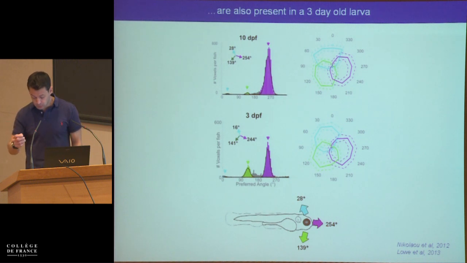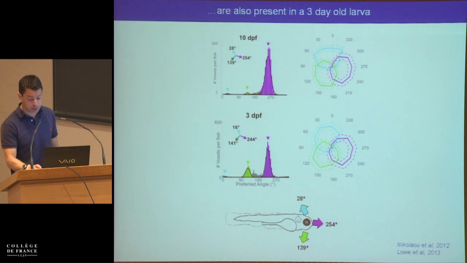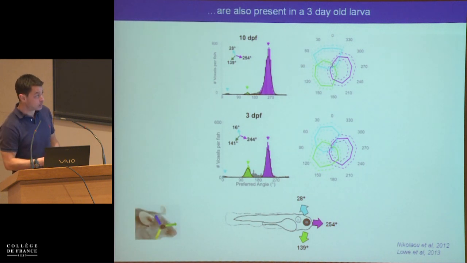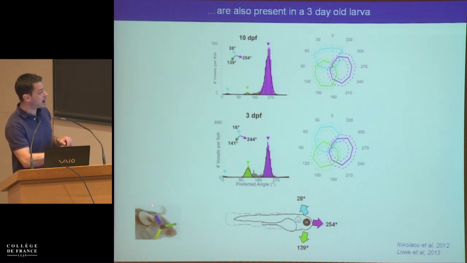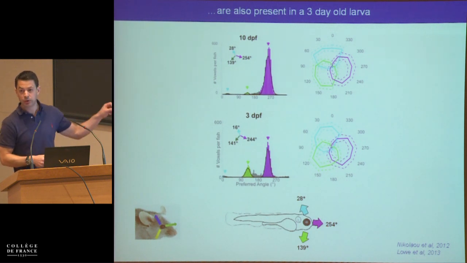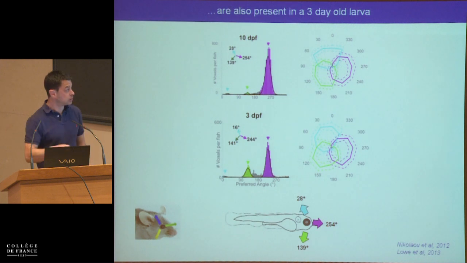So I think there are two particularly interesting things about these cells that we've identified in the fish. The first is, in terms of their number and their preferred direction, they're uncannily similar to the on-direction selective cells that you find in mouse, for example. And if you remember back to that table I showed you, these are the cells that drive the optokinetic reflex.